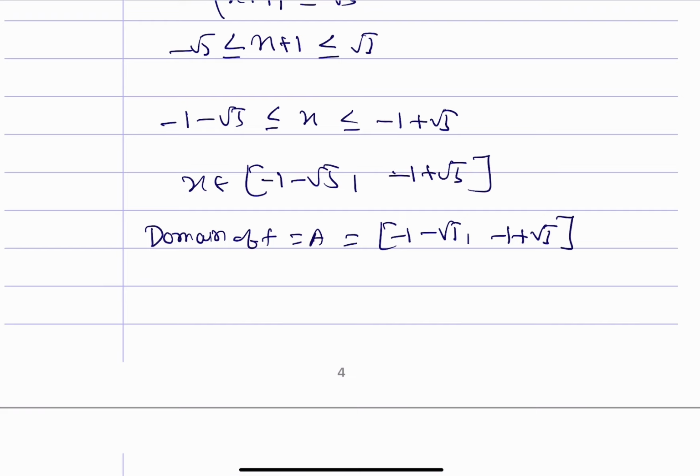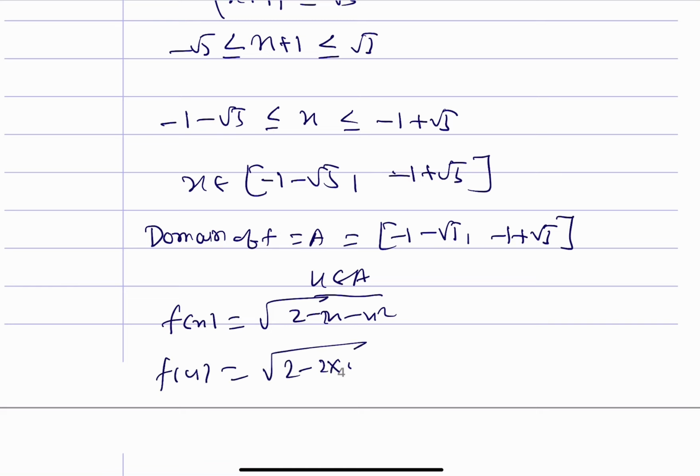Let me take 4. You can see that 4 does not belong to A. Our function f of x is 2 minus 2x minus x square. Put in 4: f of 4 is 2 minus 2 into 4 minus 4 square, which is 2 minus 8 minus 16, a negative number, minus 22.